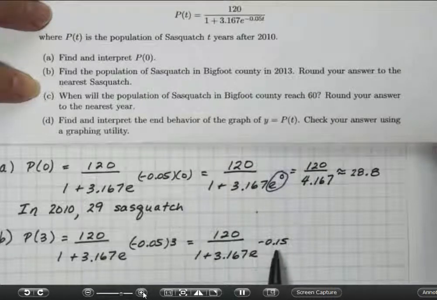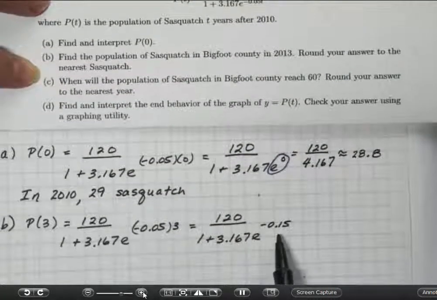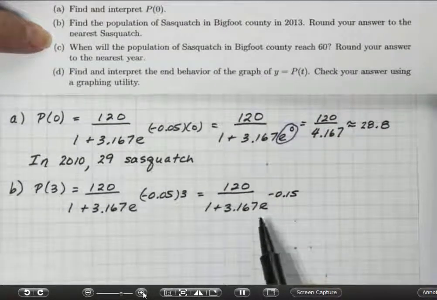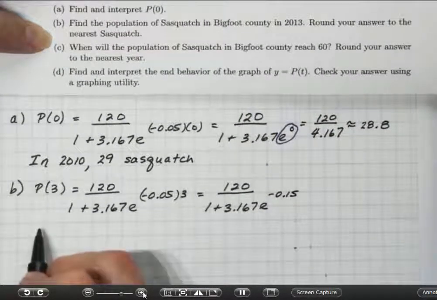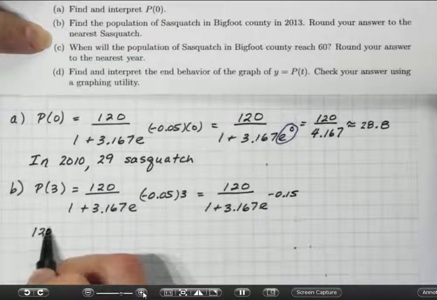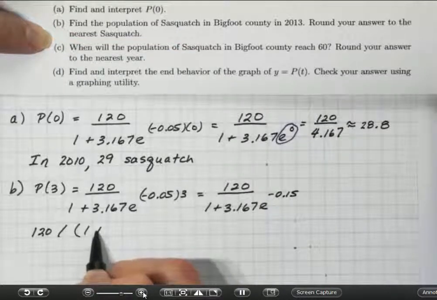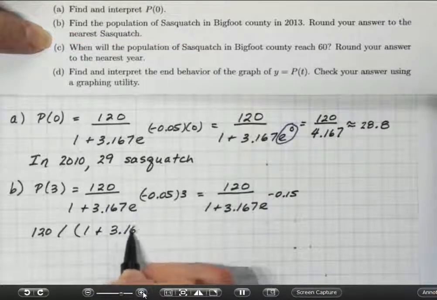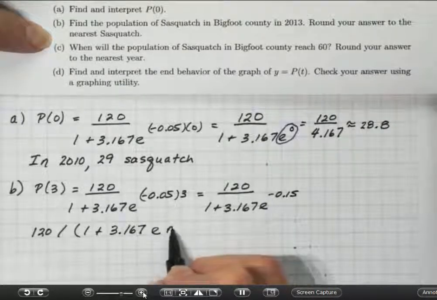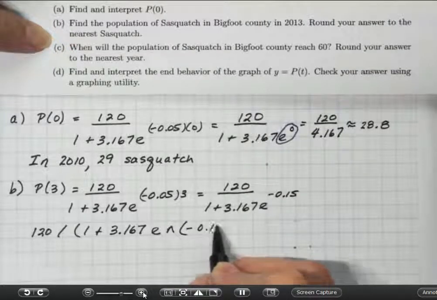And then I need to again do it on my calculator. Remember, when you do these problems on your calculator, you need to tell your calculator what's in the numerator and what's in the denominator of your particular equation. So you need to make sure that your calculator knows what to put in. So I would put in 120 divided by, and then I would use a set of parentheses, 1 plus 3.167 e, and then automatically your calculator will put a parenthesis in there, negative 0.15.